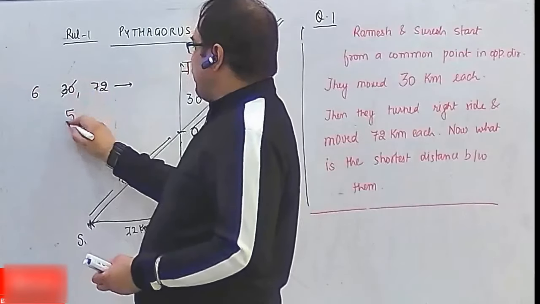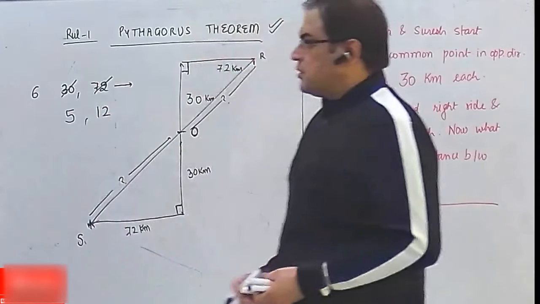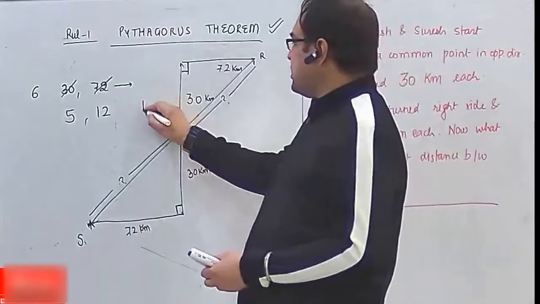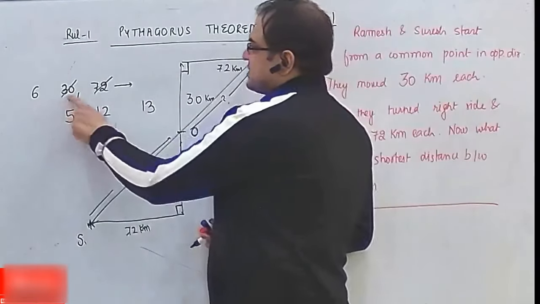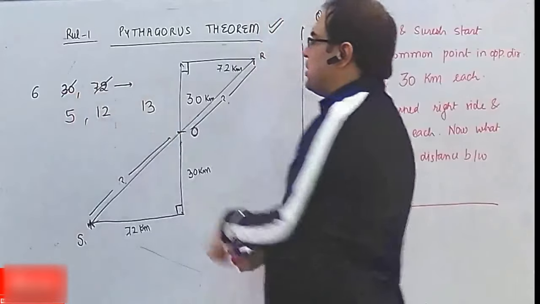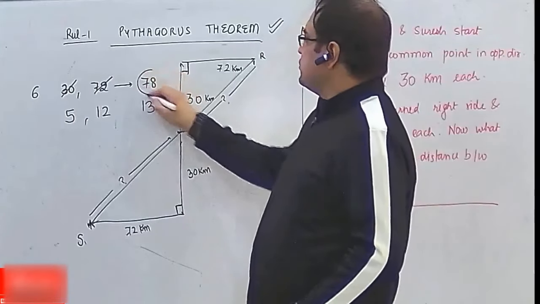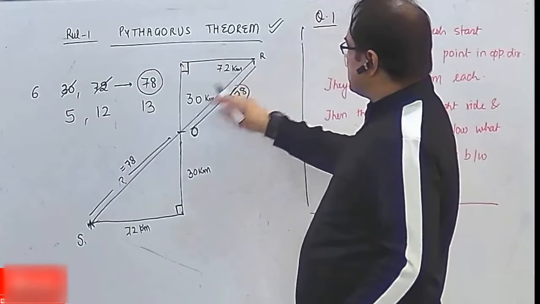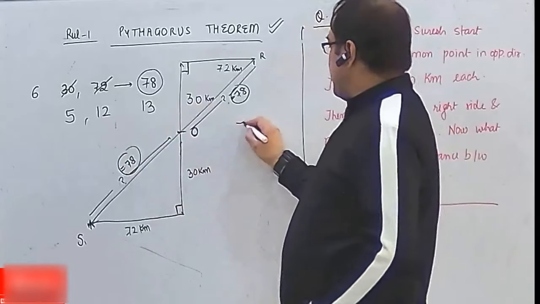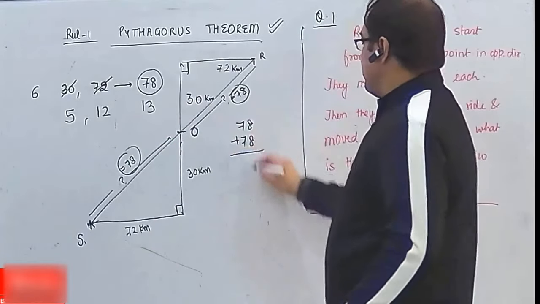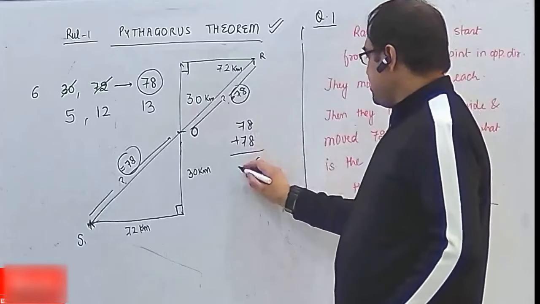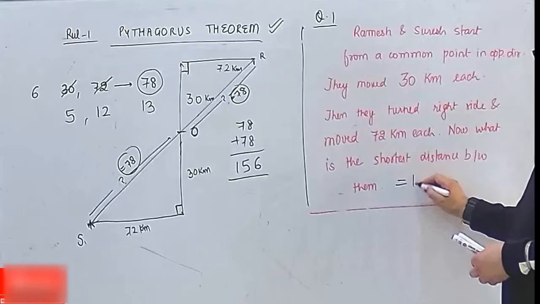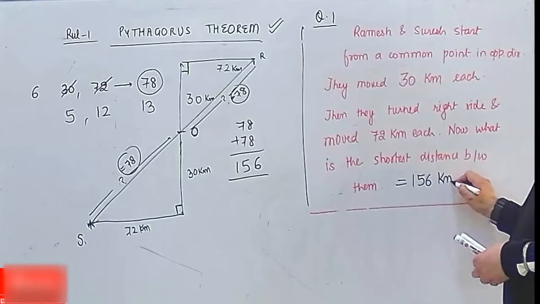That is 6. So we get 5 here and 12 here. We should remember that the hypotenuse of 5 and 12 is 13. If this is 5 into 6, that is 30, 12 into 6, that is 72, then 13 into 6 will be 78. So this question mark is 78, and this question mark is also 78 because these are the same values. So 78 plus 78 will give us 156. So the answer for this question will be 156 kilometers.